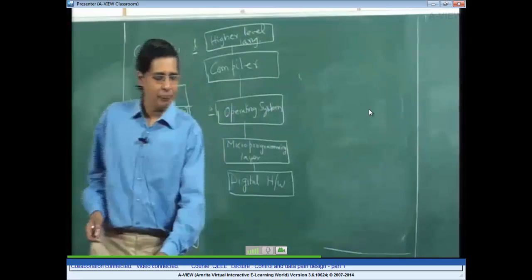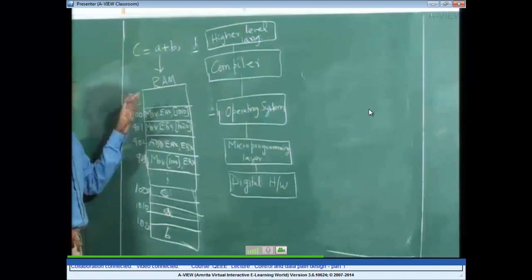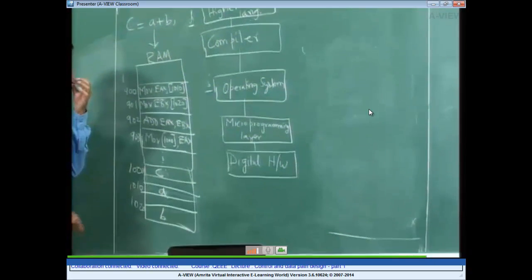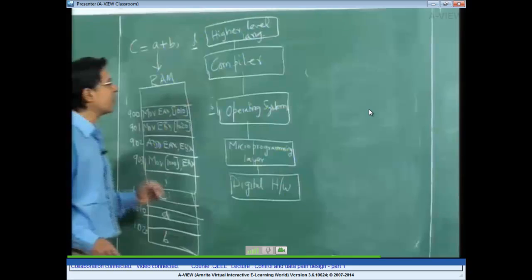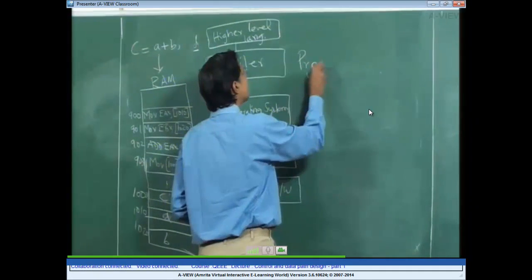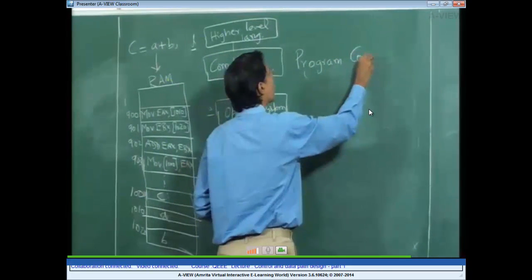Now this program has to execute. So once I load the program into memory, this program has to execute. So what does executing mean? First and foremost, we should understand that there is a hardware called the program counter.